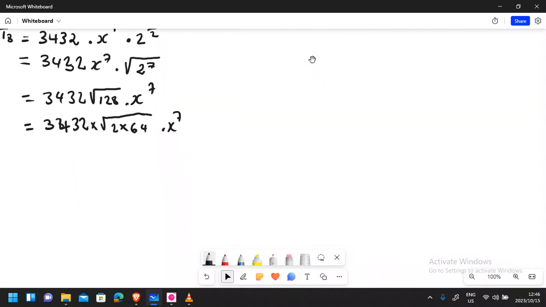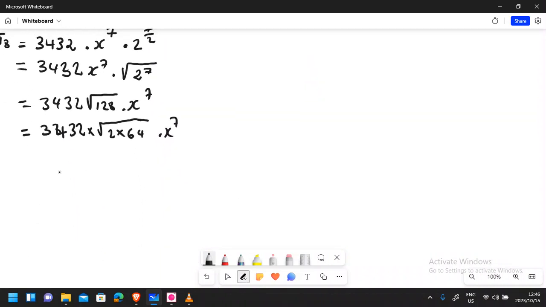When you do that, we know that it's going to be 3432, and then multiplied by the square root of 64, which is 8, and then we're going to be left with root 2 inside the root, multiplied by x to the power of 7.